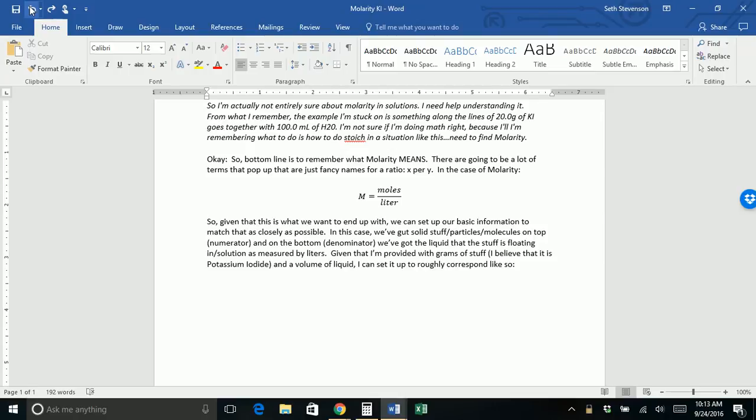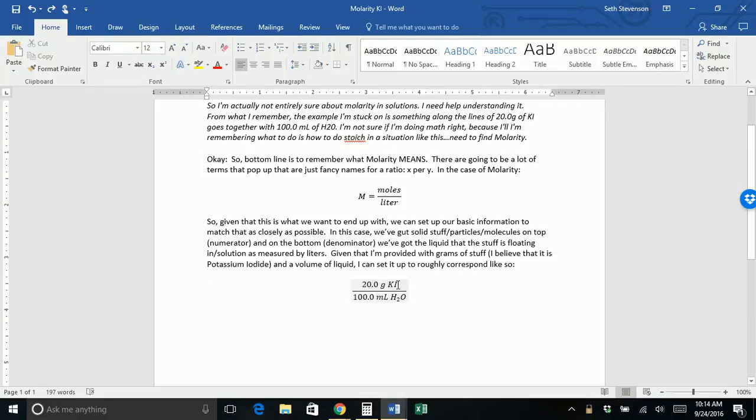So I want to set up a ratio, a fraction that resembles what I want, which is moles per liter. Now, in this case, I've got the amount of stuff on the top, particles, molecules, whatever, and the amount of liquid on the bottom. So if I turn what I have into a fraction, I want to keep it that way, for simplicity's sake.